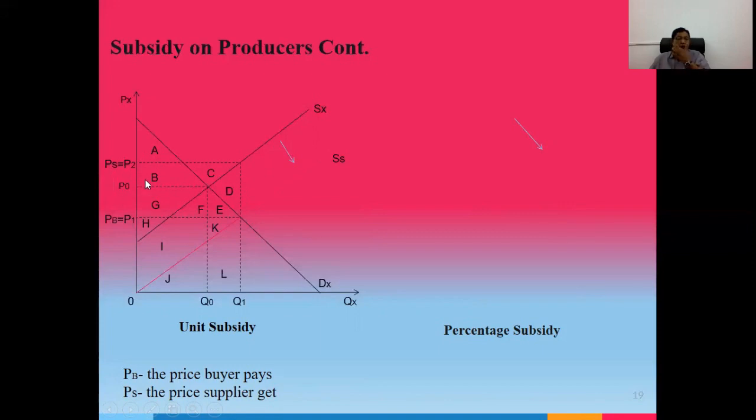This is the initial equilibrium price. P1 is the price paid by buyers. This P2 is the supplier's price. The difference between supplier's price and buyer's price, or the difference between P2 and P1, is the unit subsidy granted by the government on this commodity.